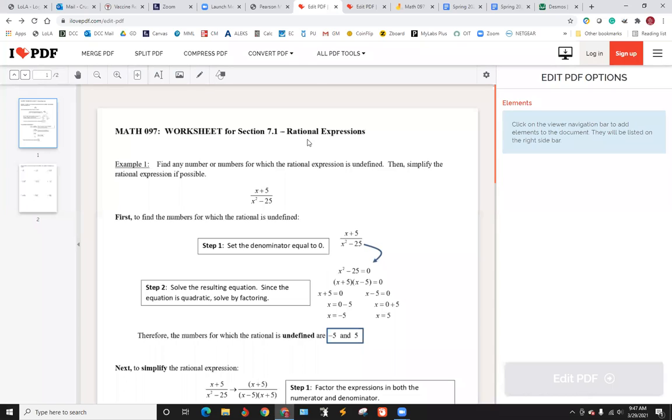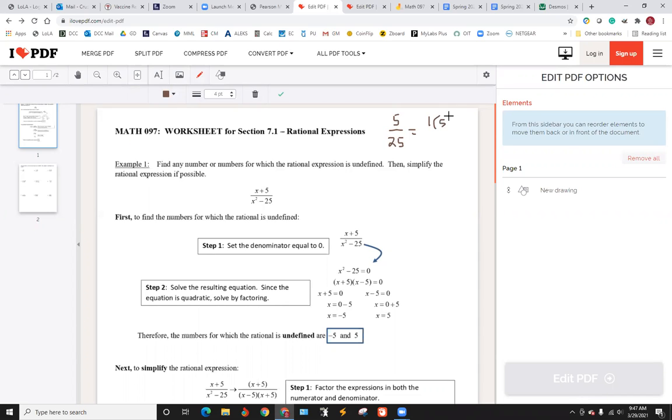All right, so let me just kind of show you something to just show you how all this fits in with the concept of fractions. If we have 5 over 25, that's what we call an unsimplified fraction, because we can write this as 1 times 5 and 5 times 5.